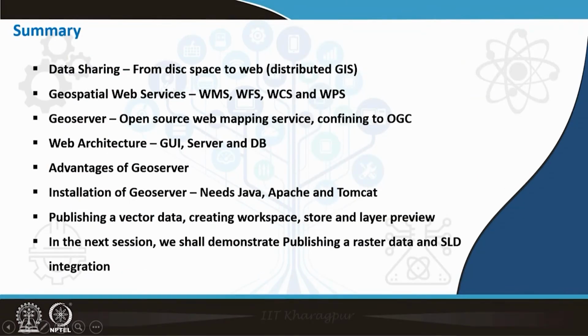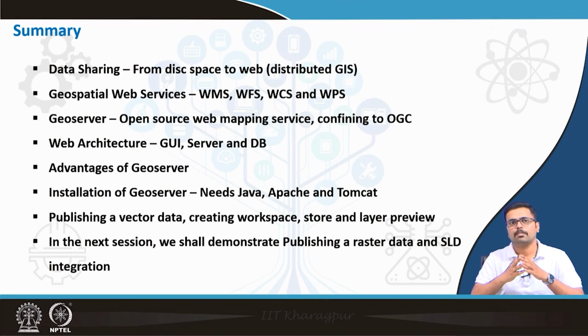Initially we started this class with data sharing, how data sharing has emerged from disk space to distributed GIS, geospatial web services such as web mapping service, web feature service, web coverage, and web processing service. We also saw Geoserver as the open source web mapping service, and one of the important characteristics of Geoserver is that it conforms to Open Geospatial Consortium standards.